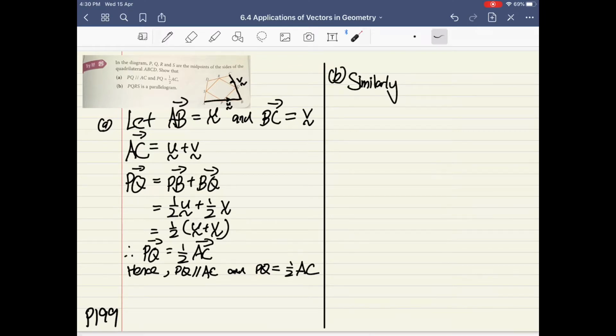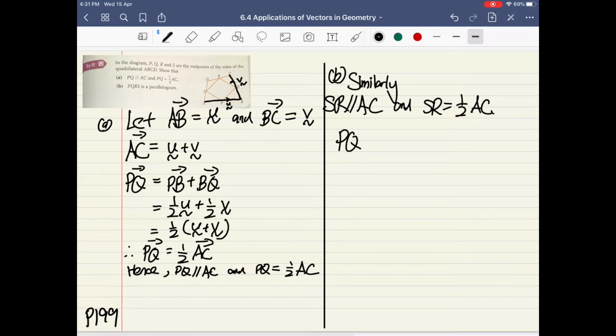For part B, to show that PQRS is a parallelogram, similarly, if we consider triangle ACD, I will be able to show that SR is parallel to AC and SR is half of AC.